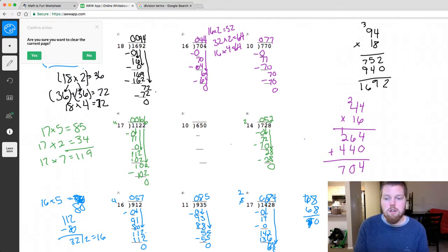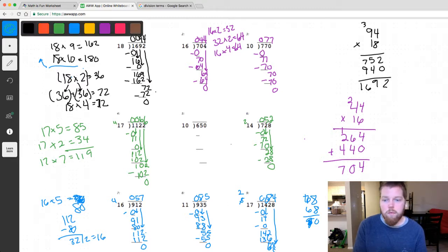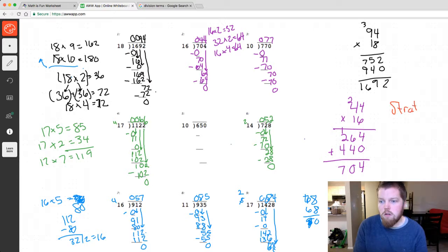So before I clear this off, let's just review some of the strategies that we went through. One strategy was multiply by 10.